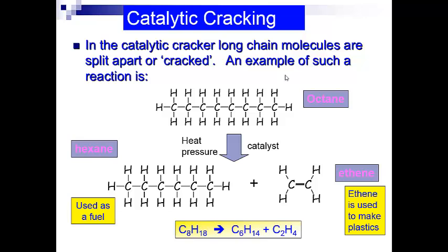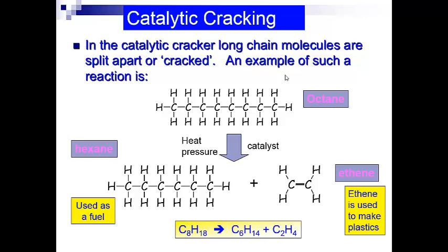Then they add that to a catalyst, and it breaks down into hexane, which is the alkane, and ethene, which is the alkene. You can see that hexane is used as fuel, and ethene is used to make plastics. So, for example, if you have ethene and you join lots of ethene molecules together, you'll make polyethene.